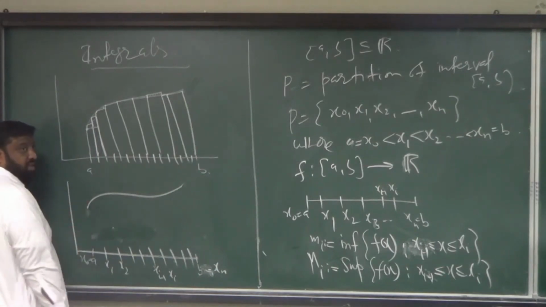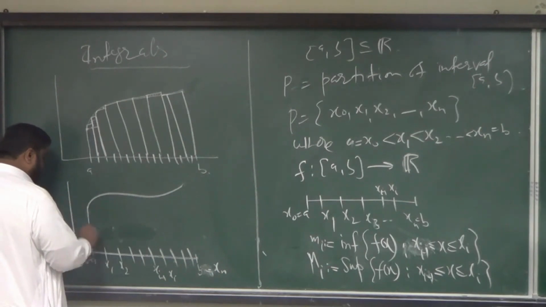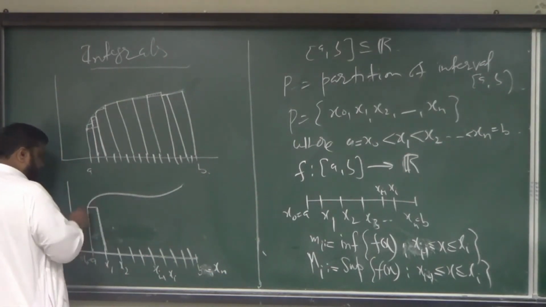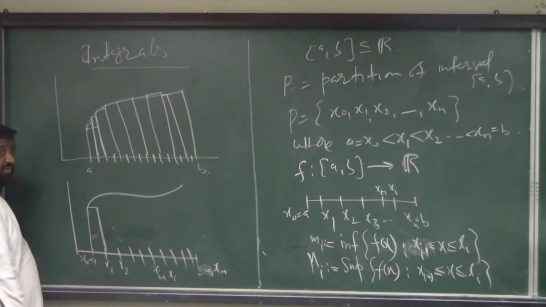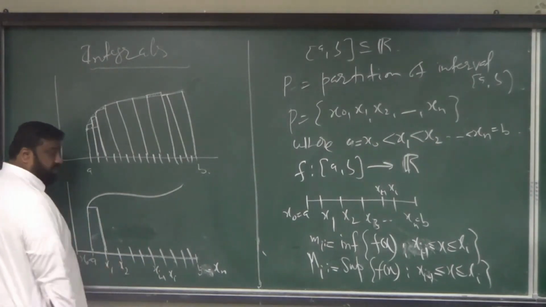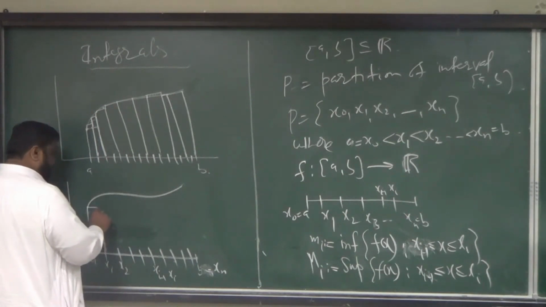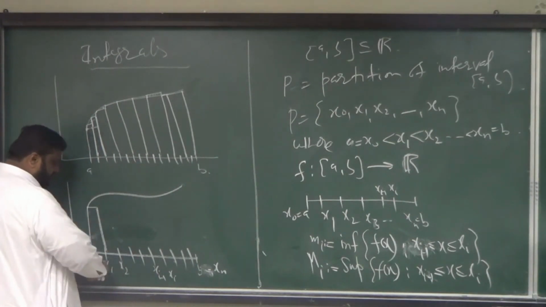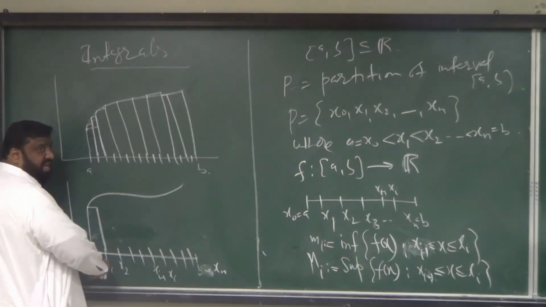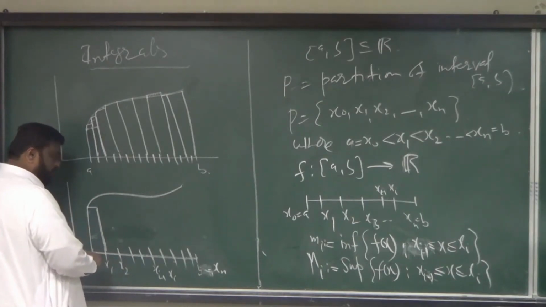Now draw a box of this minimum height within this. And how about this one? The width is going to be the same as the length of the interval. And similarly here.